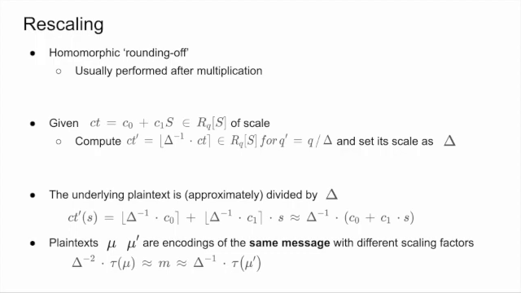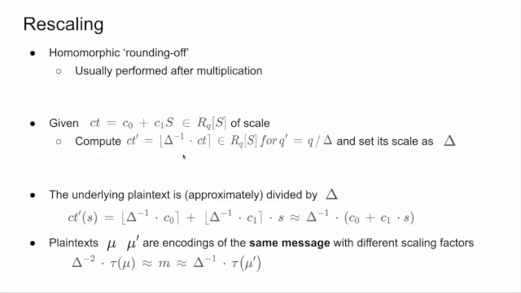The number of times we can rescale a ciphertext is limited for a particular modulus Q. That's why rescaling should be done efficiently. So here is our encrypted ciphertext, and then we are multiplying with delta inverse, which won't be exactly delta inverse, but approximate to delta inverse. So that's how we will get our new ciphertext CT dash.